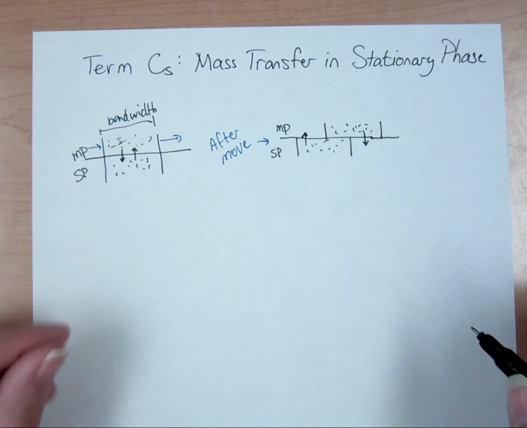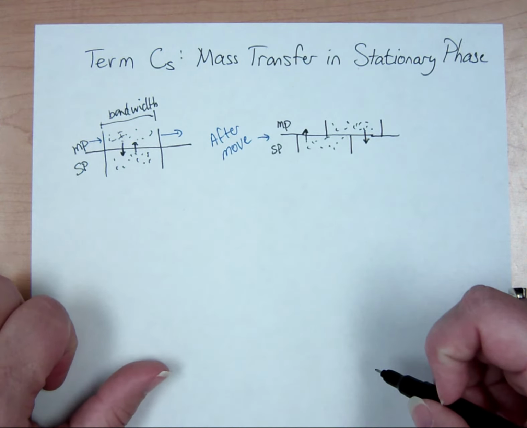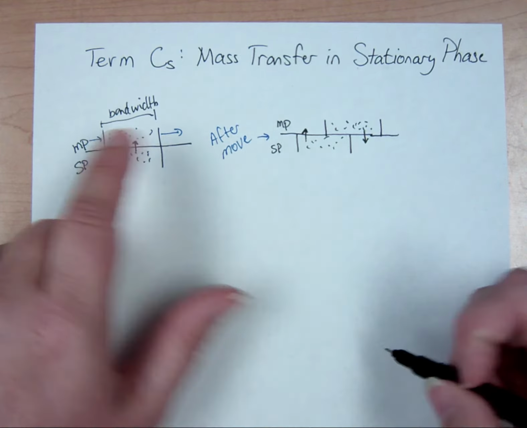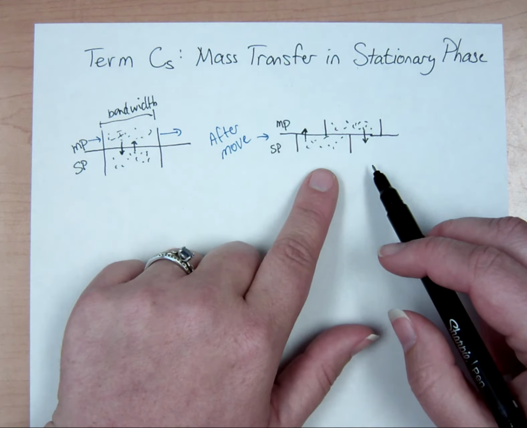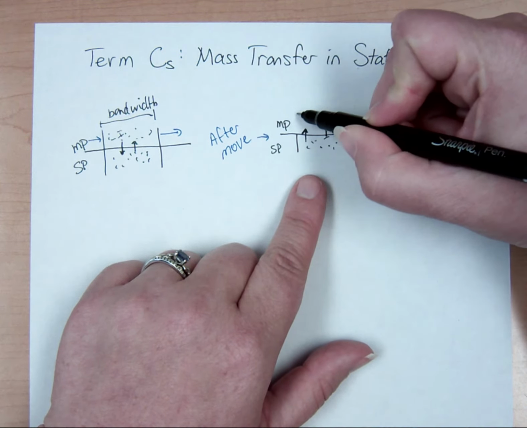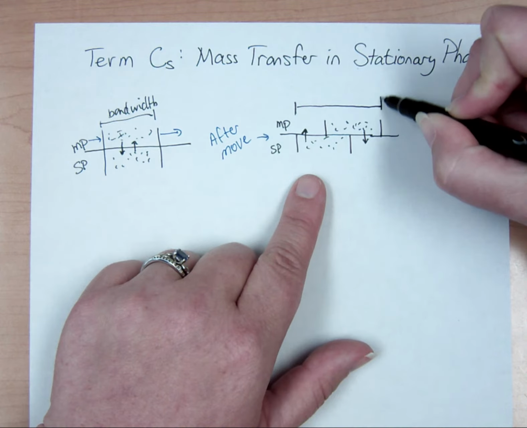Now, what does this mean in terms of band broadening, which is our ultimate goal to understand? Well, here we had a bandwidth that was pretty narrow. But after we started moving along with the mobile phase, now we have analytes that are spread all the way from here to this far leading edge.